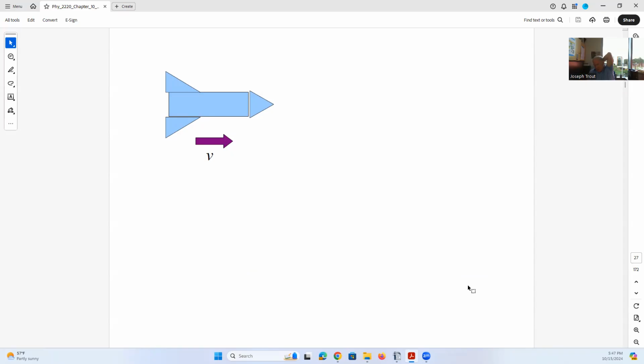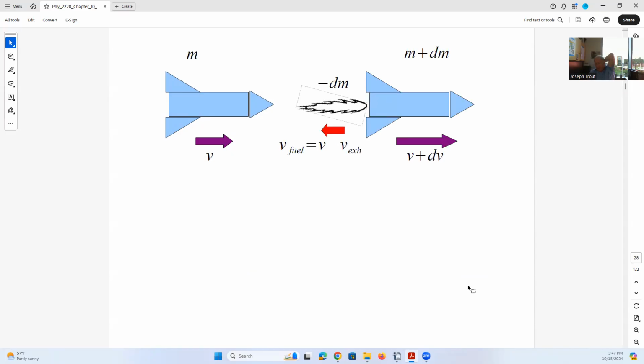Also, as a review, we talked about space flight, right? We're looking at a rocket and it shoots gas out the back, and we can think of it as tiny particles moving at a high velocity. So the momentum of the ejected fuel is equal to minus dm times the velocity of the fuel, but the velocity of the fuel is the velocity of the rocket minus the velocity of the exhaust.